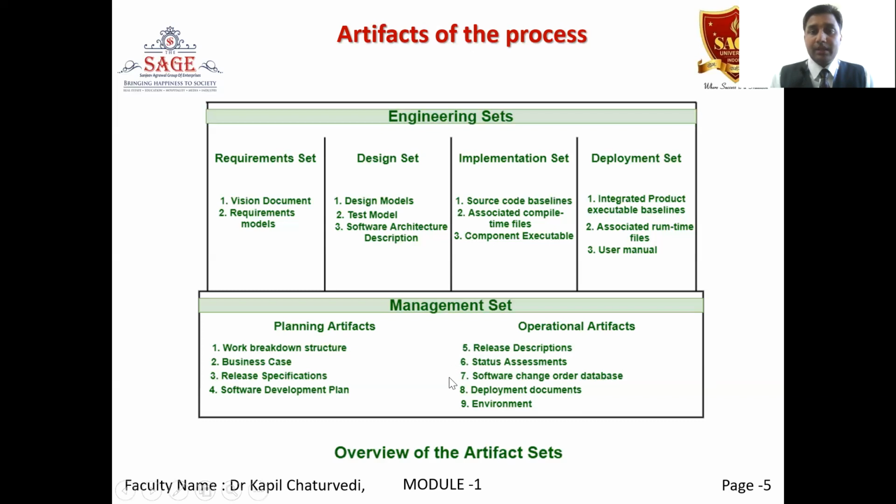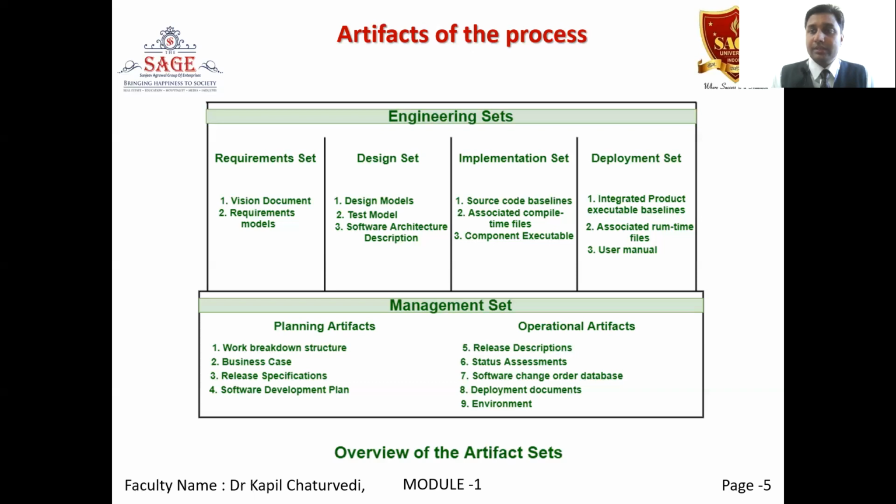And in operational artifacts: release description, status assessment, software change order database, deployment documents, and environment. These are the top points which we discussed in detail in the previous lectures, but here we discuss them in short. Release description means how we release that software.